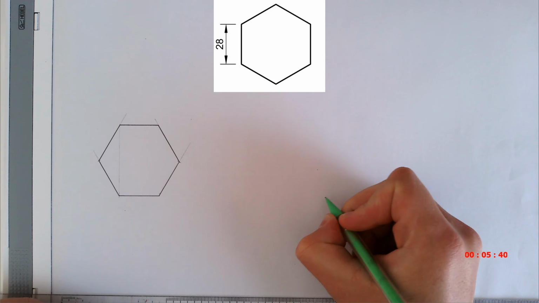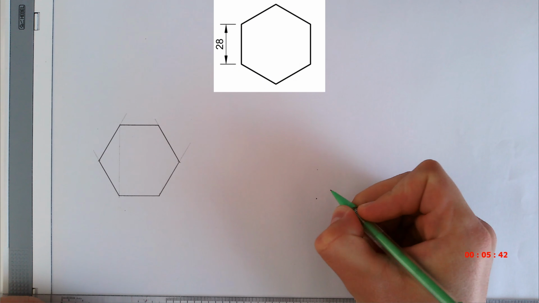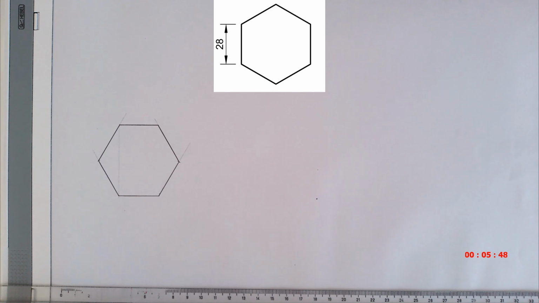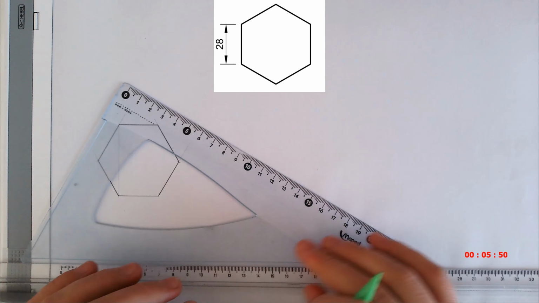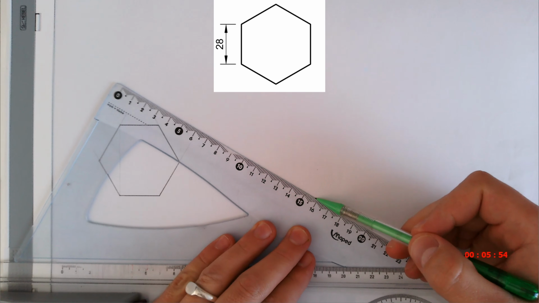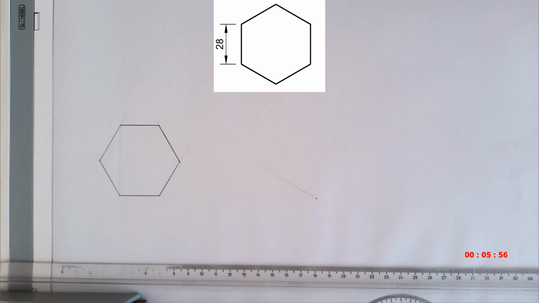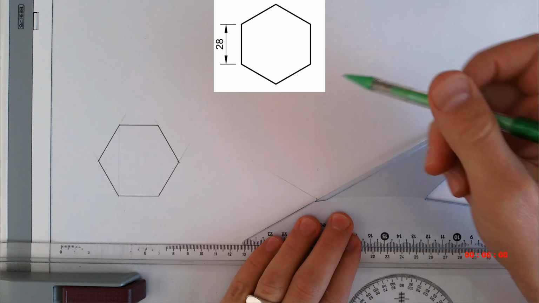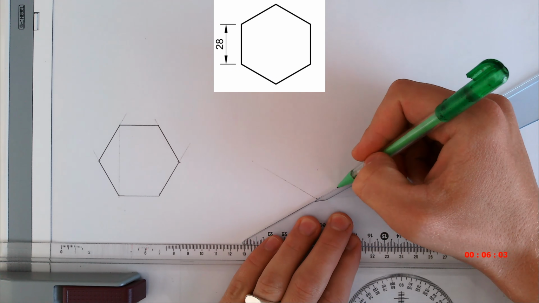So I'm going to make a starting point for myself here. And we are doing this assuming we do not have starting points. I'll later do one with a starting point. So I'm going to draw a light line at 30 degrees in that direction. I'm going to draw a light line of 30 degrees in this direction.